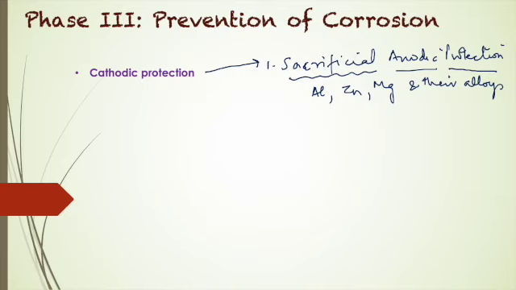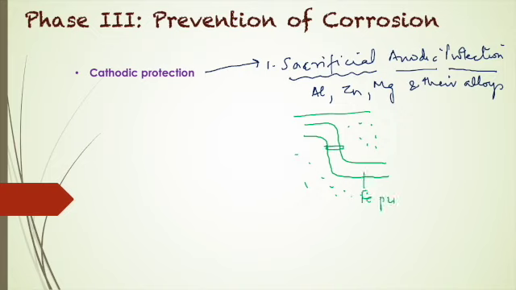Okay, so let's say we have this earth surface, and I have a pipeline going in the soil. This is all soil around it. So this is my iron pipeline. I want to prevent this pipeline from corrosion, because definitely some water supply is going on. So what do I do?